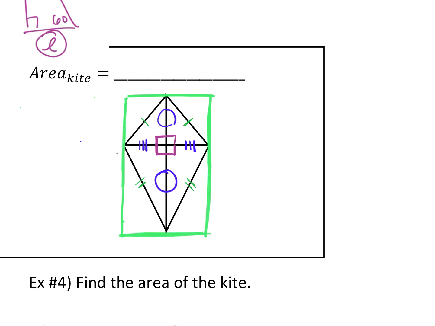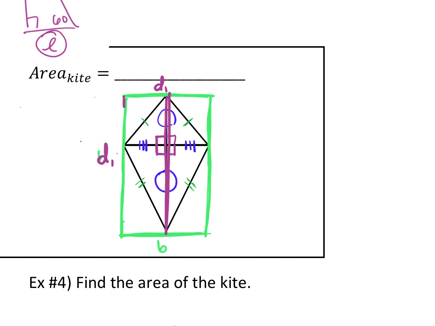Think of it this way. If I want to know the area of the rectangle, I have a base and a height, and I would just go base times height. Now look at this. This length here, which we call a diagonal, we'll call it diagonal 1, is the same length as that right there.